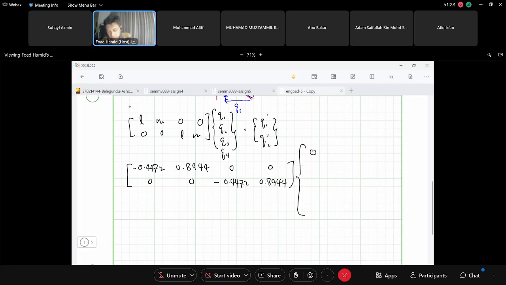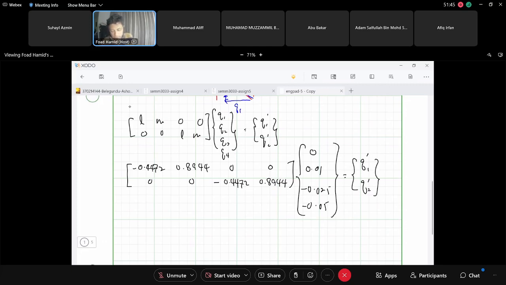This is 0.01 minus 0.025 and minus 0.05. This one should equal to Q1 prime, Q2 prime.